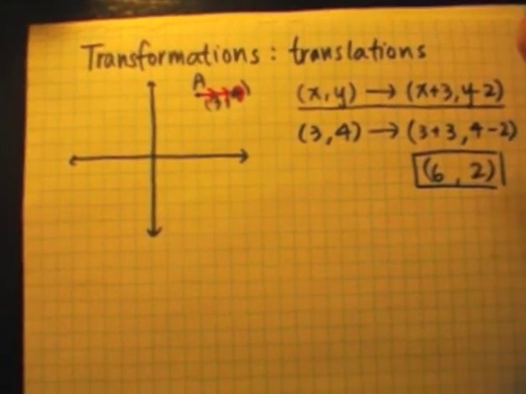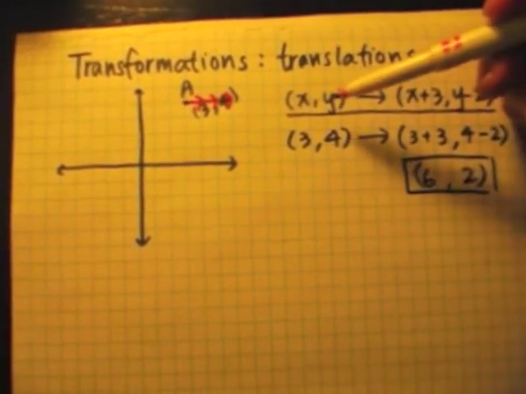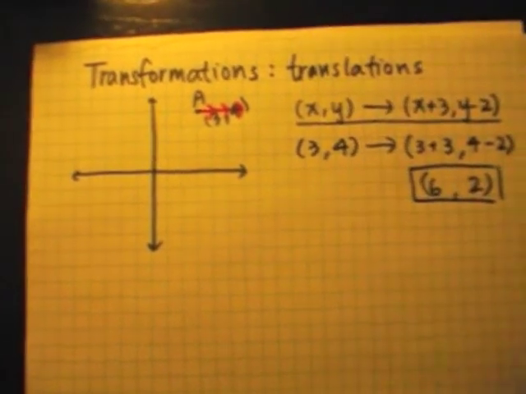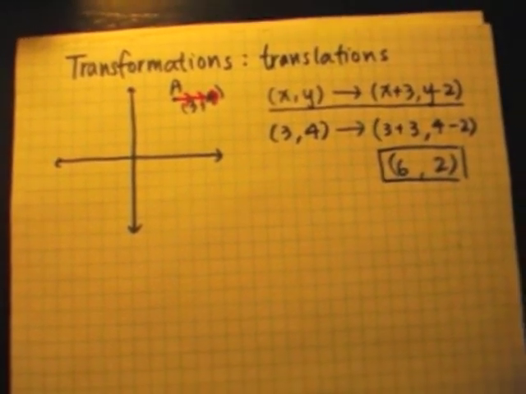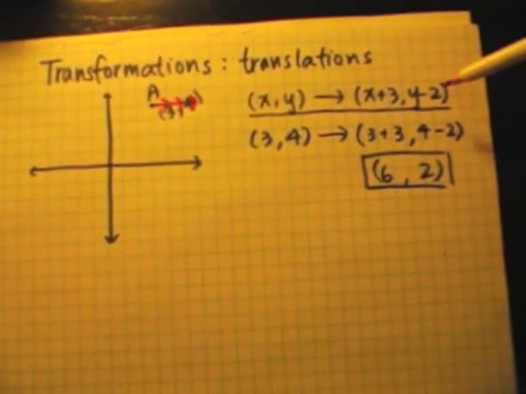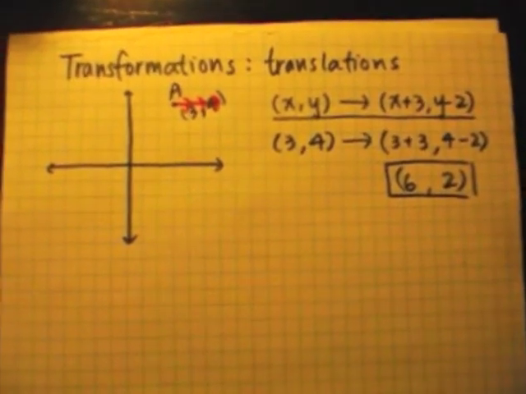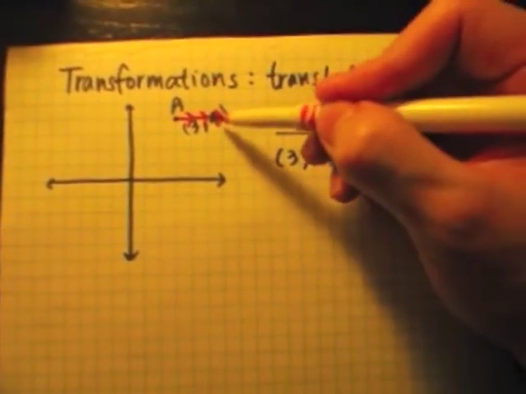Same thing with the y, or a similar idea with the y. You know that the y-axis moves up or down. So if it's a minus 2 that's attached to the y, you know that you will be going down 2 units.